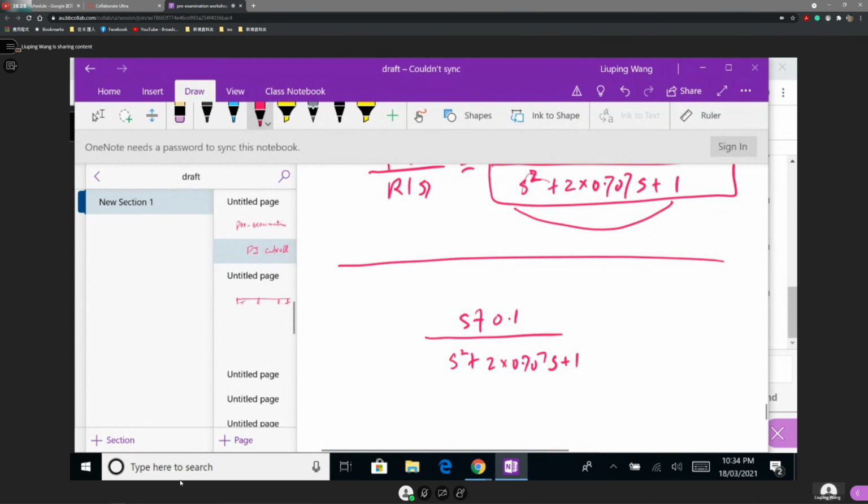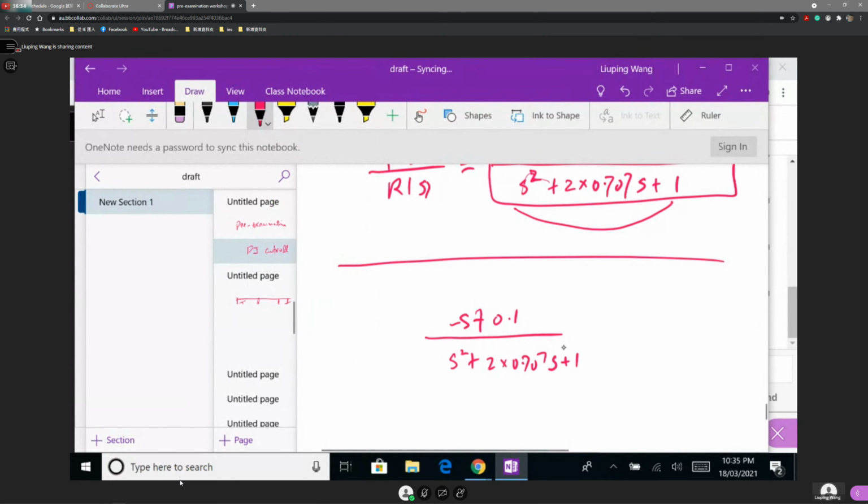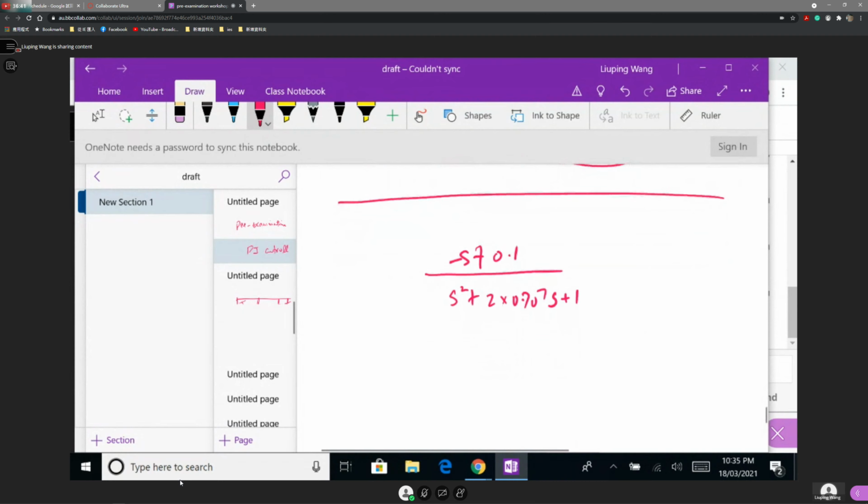If you have a zero like that, it's an unstable zero. So then your response is going to go like this. The negative one is the unstable zero.